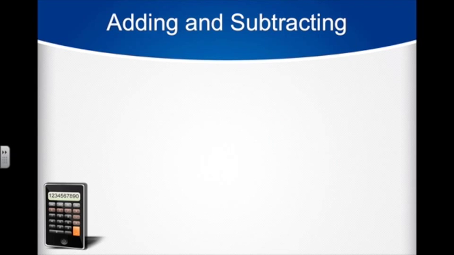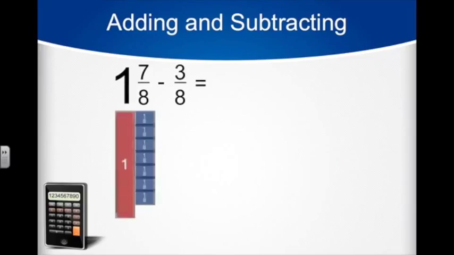Let's try a subtraction problem now. 1 7/8 minus 3/8. Notice I crossed out the 3/8 to show that I'm subtracting them. When we're dealing with mixed numbers, we can look at the whole numbers and the fractions separately.